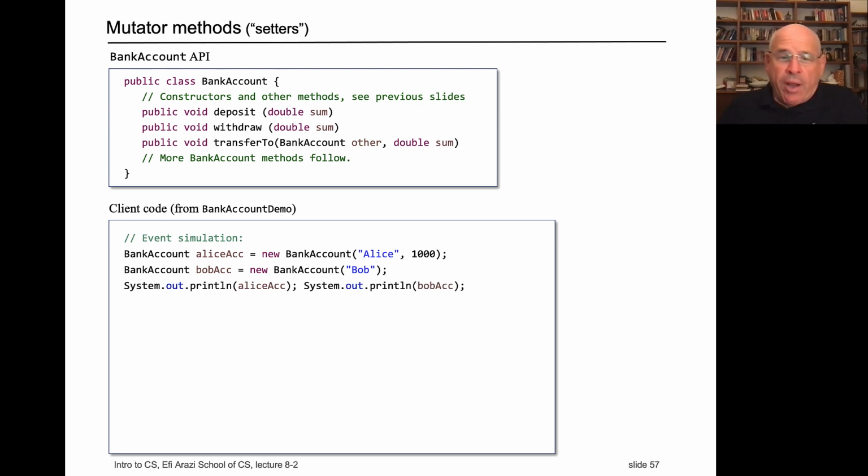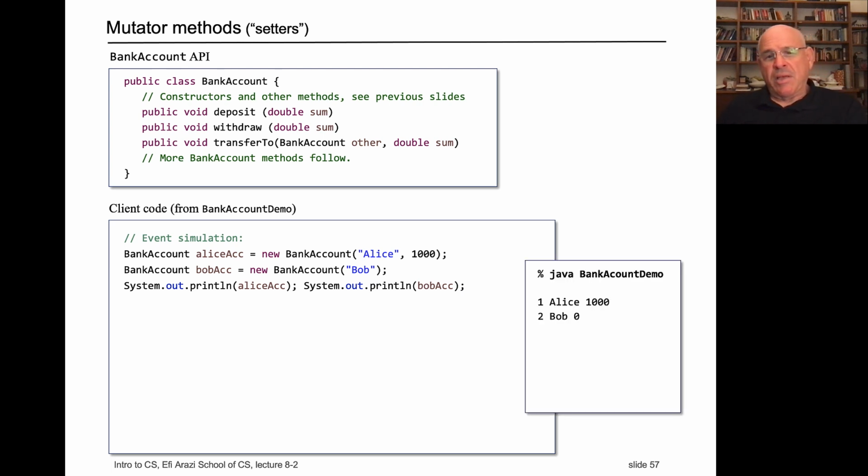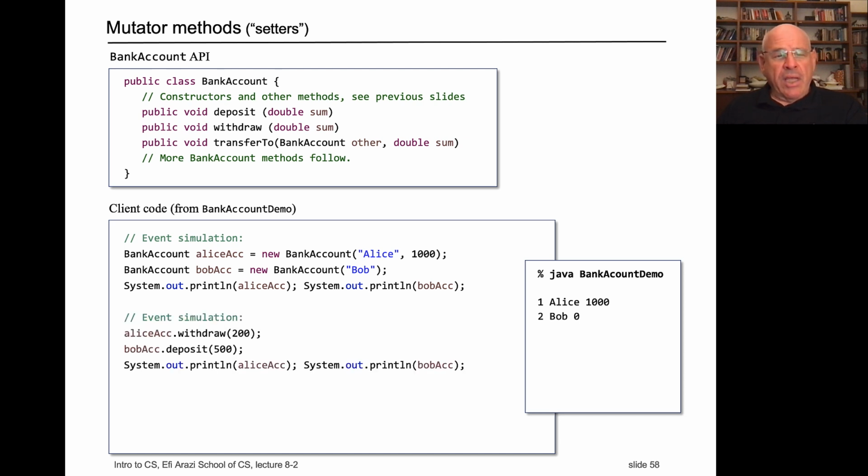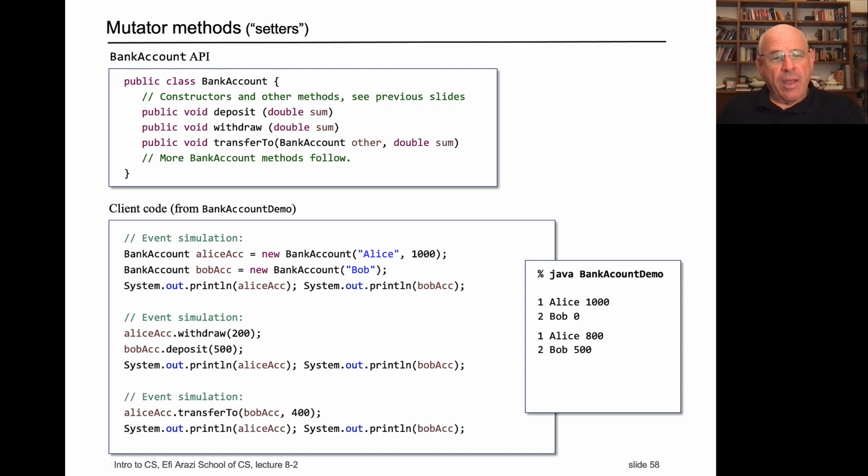And then we print these two bank accounts, and we get that Alice has 1,000 and Bob has 0. And then, let's read it very carefully. Alice withdraws 200. Bob deposits 500. Let's print again these two object variables, and we see that Alice began with 1,000. Now she has 500. And Bob began with 0, and now he has 500.